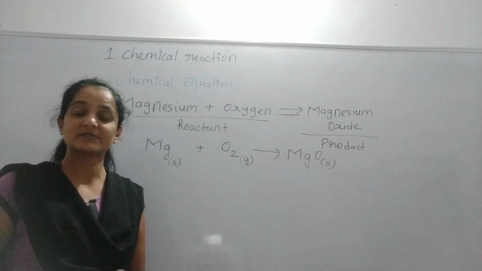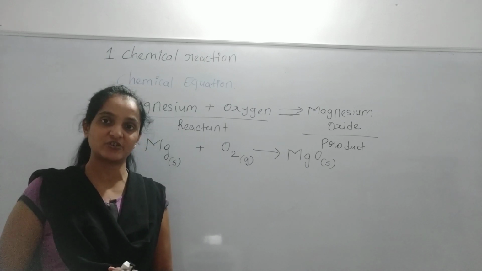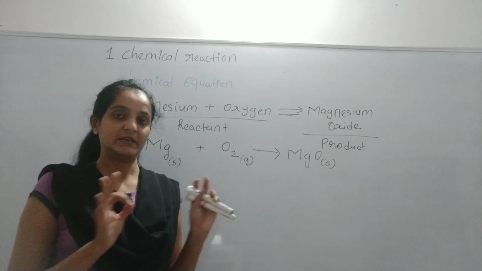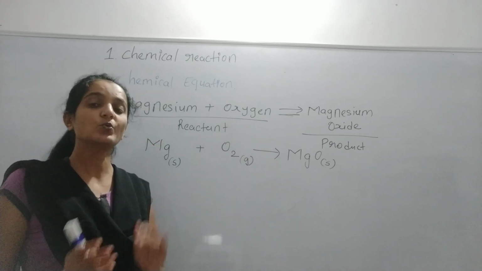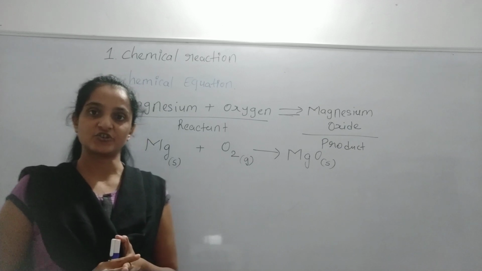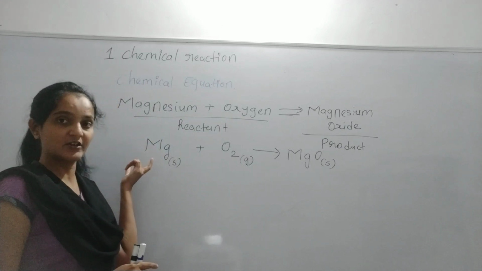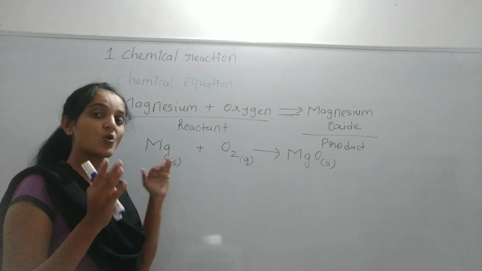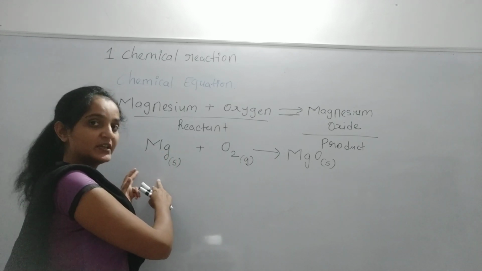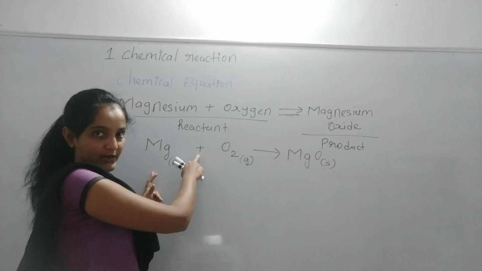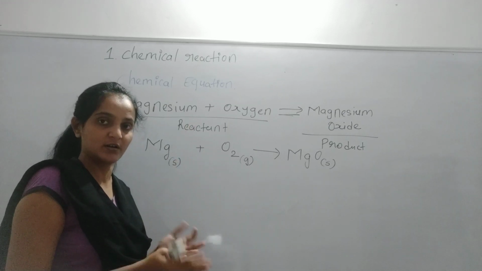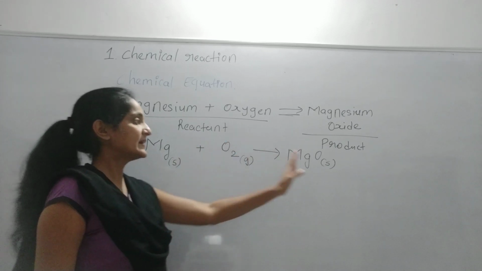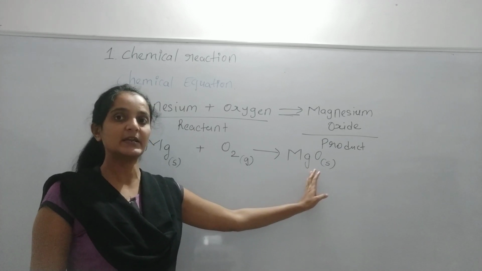Now, the question will arise, what is a balanced chemical equation? That we will see in our next video, that is part 2. But here we have seen how to write a chemical reaction. First of all, you have to write the formula of the reactants, and keep one thing in mind: the reactants are always written on the left hand side of the arrow, with a plus symbol if there is more than one reactant. On the right hand side of the arrow, you always mention the product.